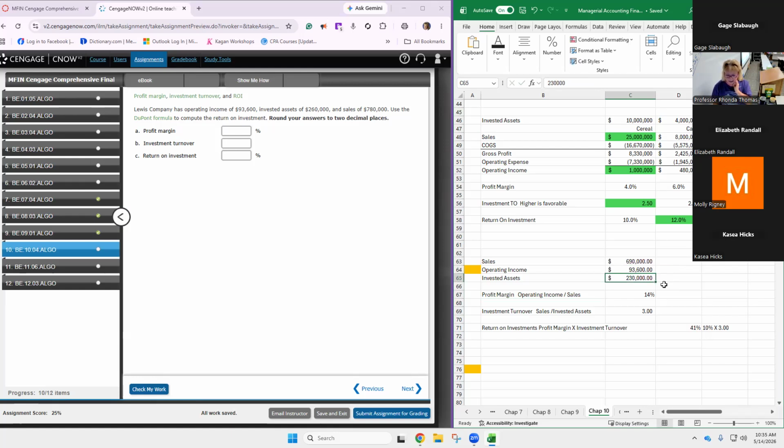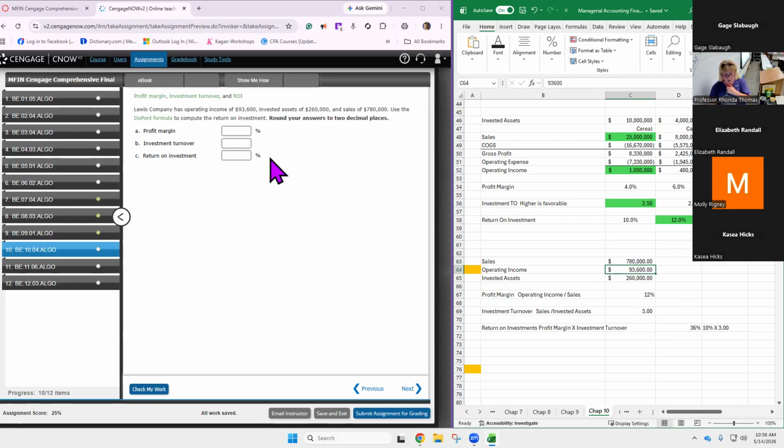I have invested assets of 260,000. And then I have sales of 780,000. I would put those in a spreadsheet or on a piece of paper. So then the first one is operating income. So there it is, divided by sales.